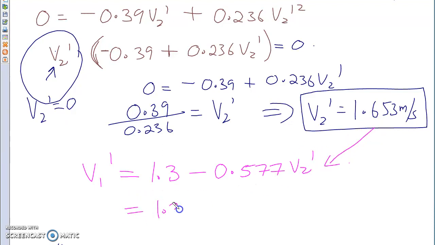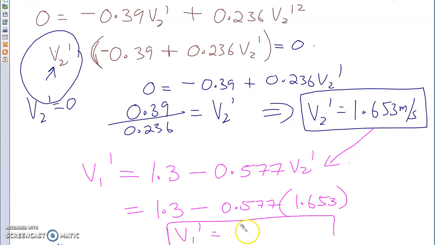This is 1.3 minus 0.577 times 1.653. What do you get for your V1 prime? So 0.35 meters per second. So the first ball will have a velocity of 1.65 meters per second. Second ball will have a velocity of 0.35 meters per second.